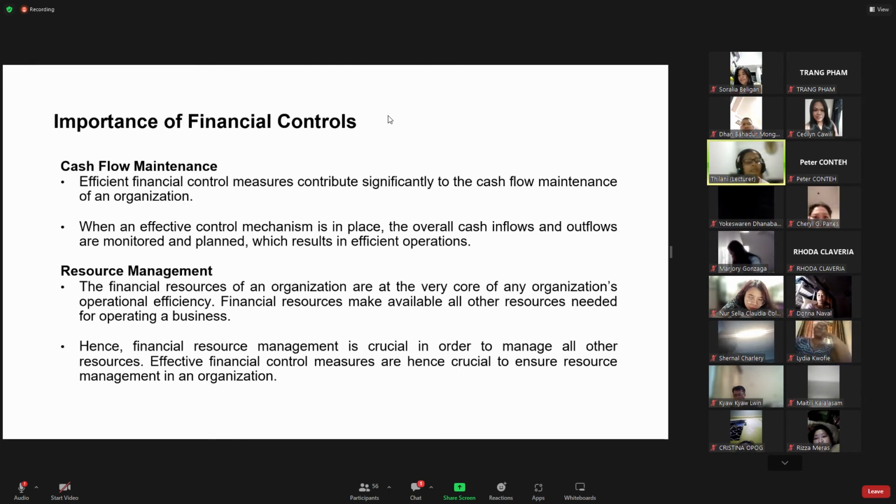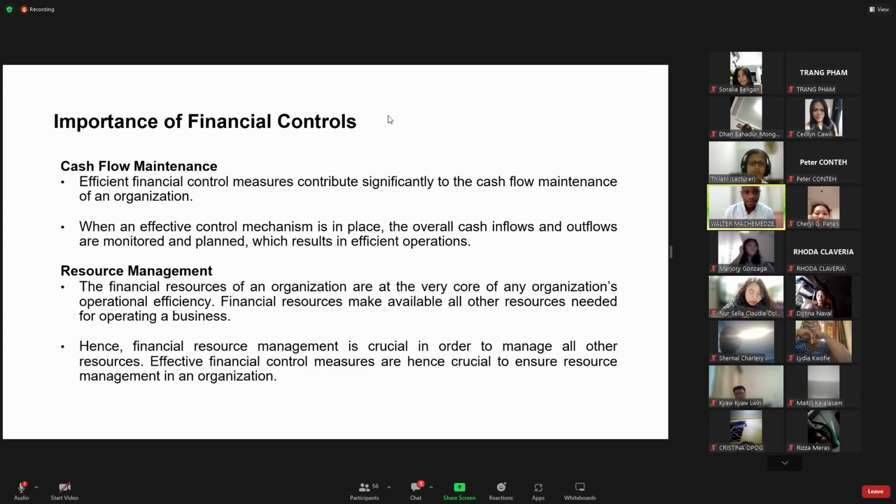All right. So the next important thing is cash flow maintenance. Right? What is cash flow maintenance? Can someone tell me what you understand by cash flow maintenance? Yes, I'm waiting for someone to answer.